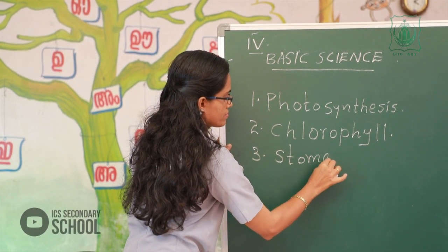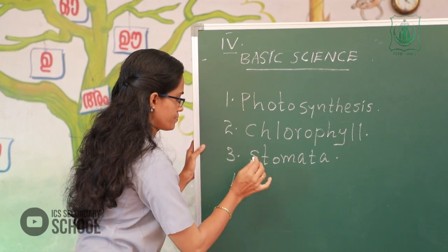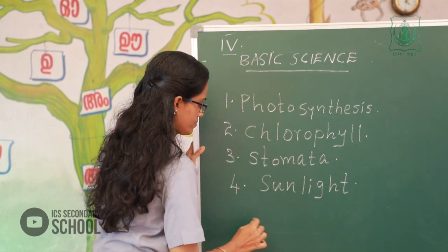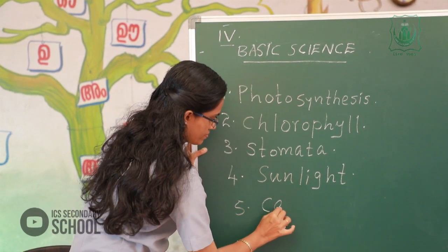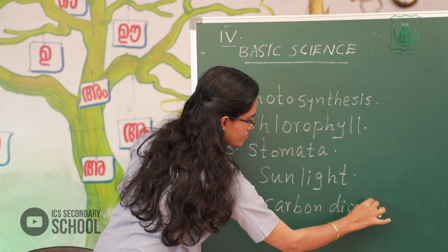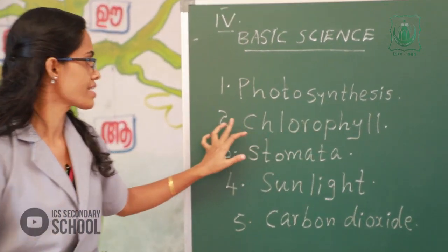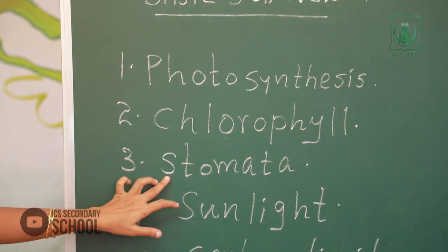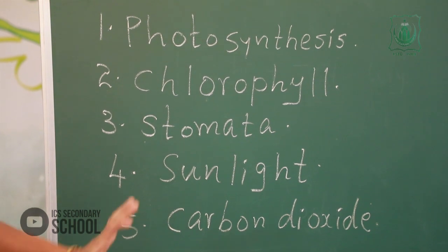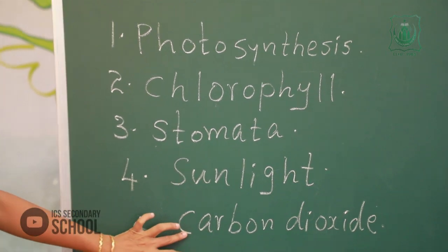Stomata. Please listen to me. The first word photosynthesis and the second one chlorophyll and next stomata, sunlight, carbon dioxide. Clear?